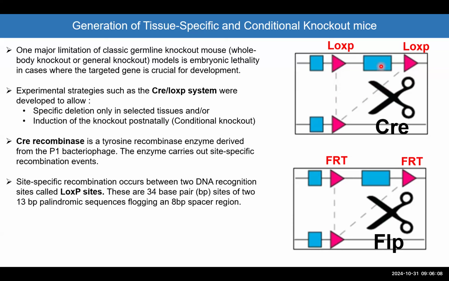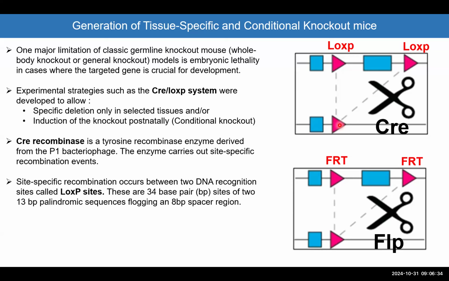And then whenever you want to delete the exon conditionally, let's say at the age of 20 weeks of mouse age, then you can use the Cre, which is a recombinase that clips that exon and deletes it when the mouse is adult.